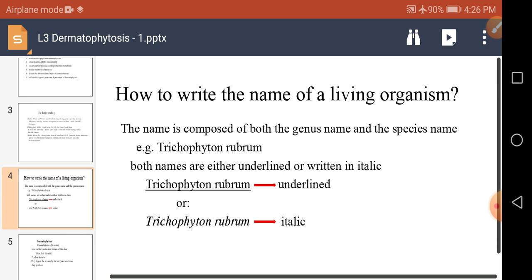Here, Trichophyton is a genus name, rubrum is a species name. Both names are either underlined or written in italic. You see here, Trichophyton rubrum underlined, and below it, Trichophyton rubrum written in italic.